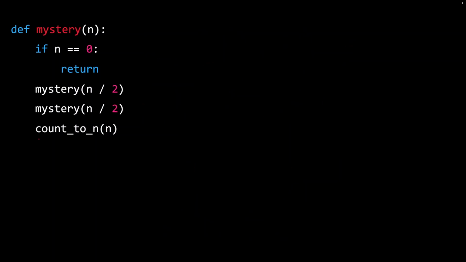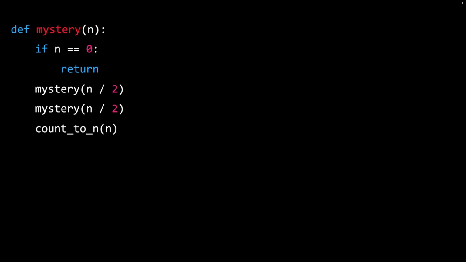And then here we have this count to n, so we know we're going to do at most big O of n work here. You might ask, we're dividing by 2 each time, so how do you know that we're doing n amount of work? In our asymptotic notation video, we went over the arithmetic series.